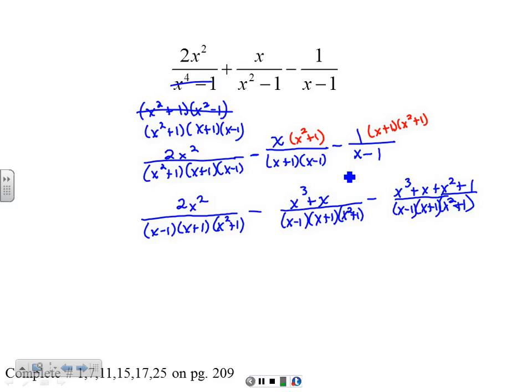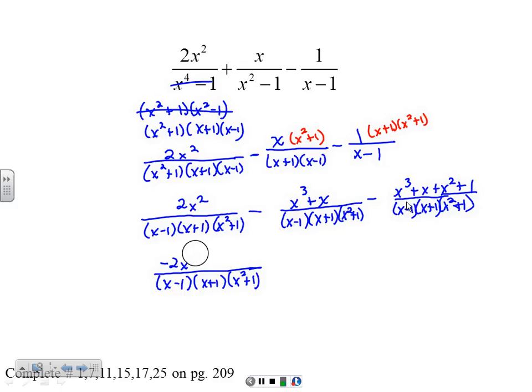Alright, so now that we have a common denominator, we're going to make one fraction over that common denominator. And then let's start with combining the numerator, but we're going to have to start with the highest exponents. We have a negative x to the third and a negative x to the third, which is going to be negative 2x to the third. Oh, you know what?